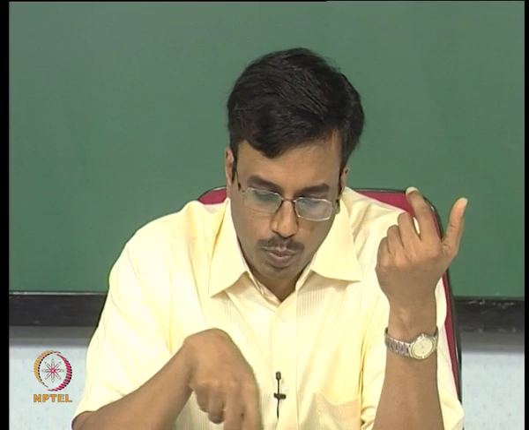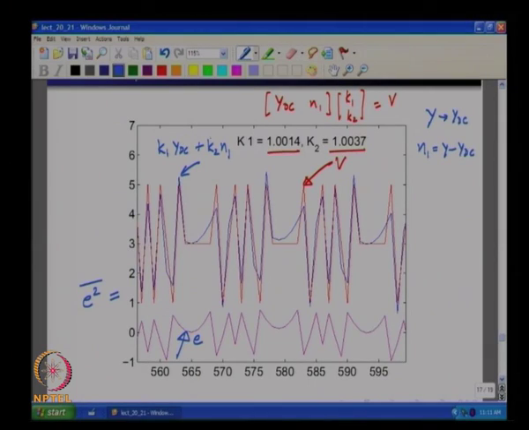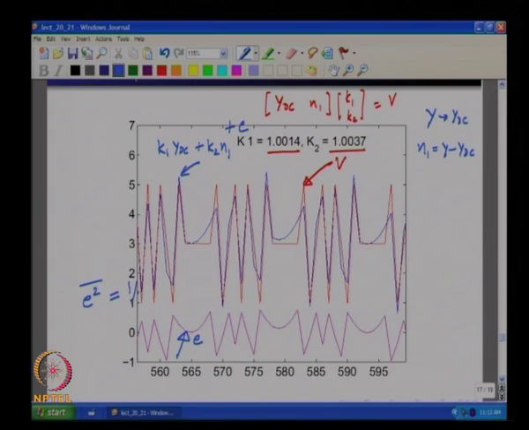And of course the output, we are saying, is fit to k1 times ydc plus k2 times n1 plus E, and k1 and k2 are both close to 1, the input to the quantizer is ydc plus n1, correct. So what must the mean square value of E be? Delta square by 12, and what is delta here? 2. So what is delta square by 12? 1/3, right. You understand? All right. So we will continue with this in the next class.